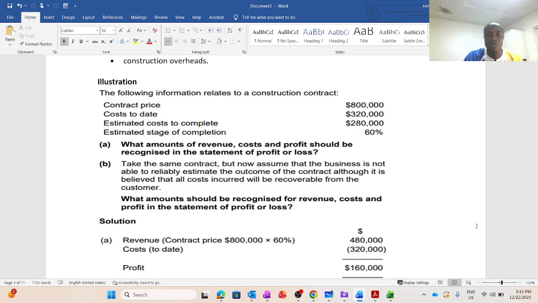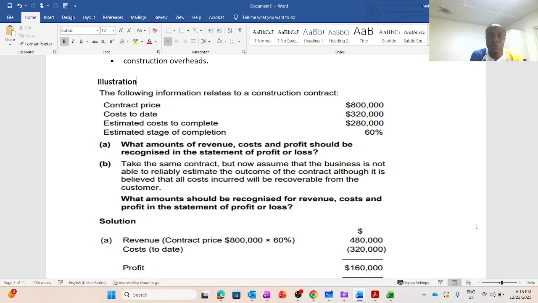It's simple. We are going to recognize revenue according to IFRS 15. When revenue is recognized over time, we recognize revenue based on the percentage of progress. So we have completed 60%, so we are going to account for 60% of the revenue. Then also we are going to account for 100% of the cost that we incurred to date. We are going to compare like with like.